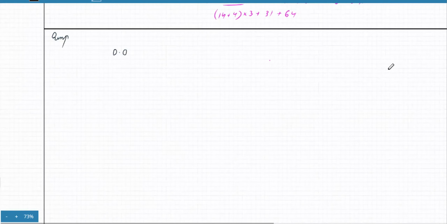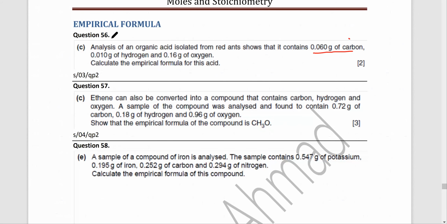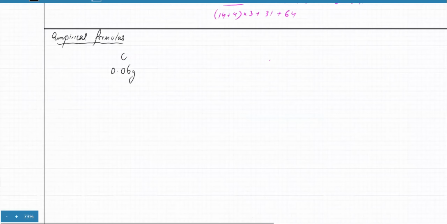The mass of carbon in the formula is given as 0.06 grams. What else is given? 0.01 grams of hydrogen, that's also provided.